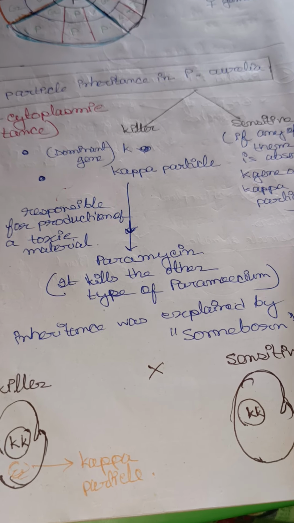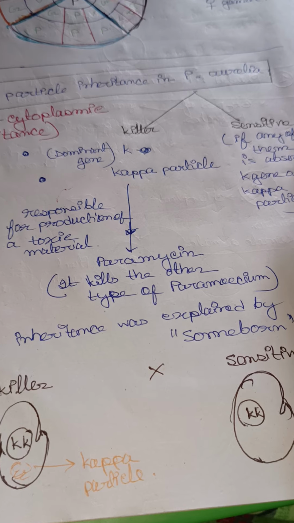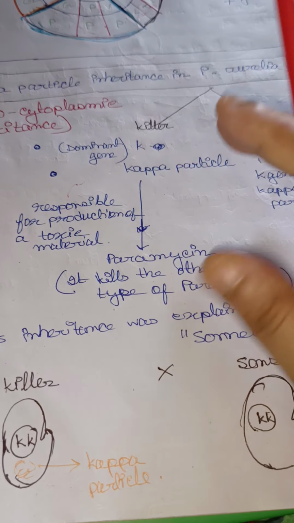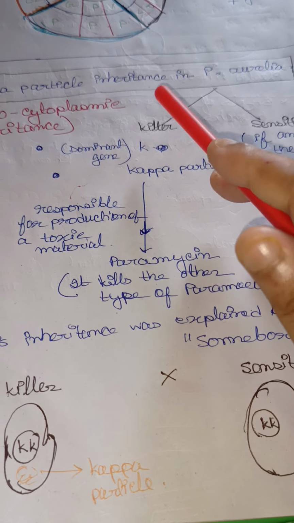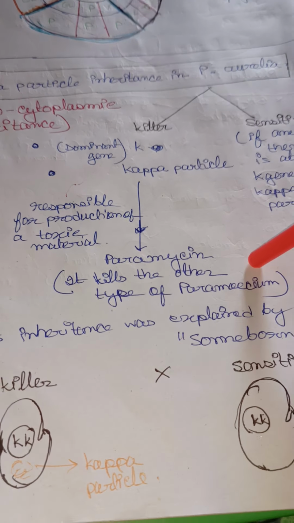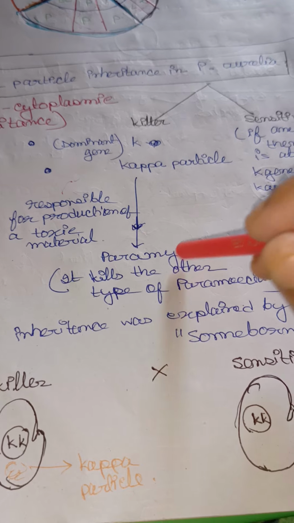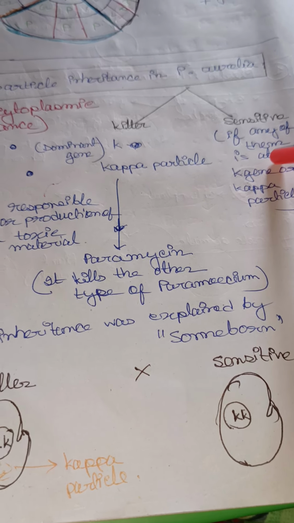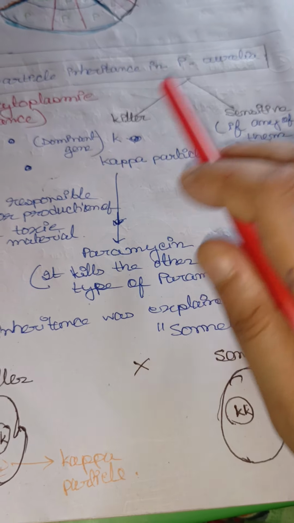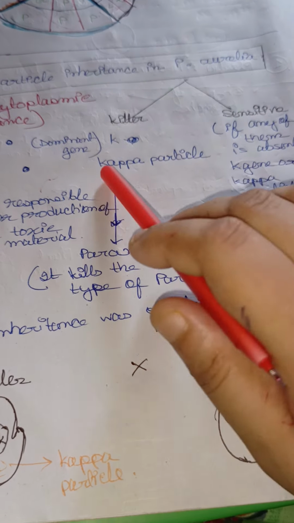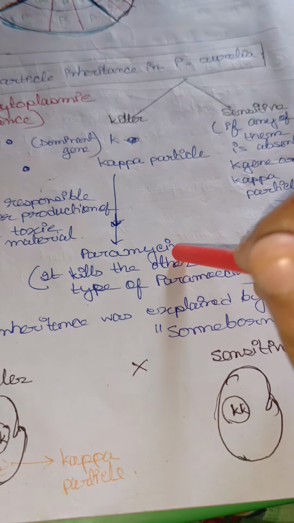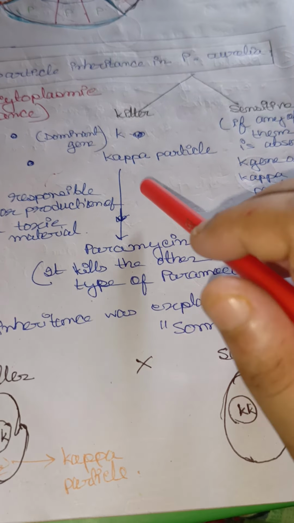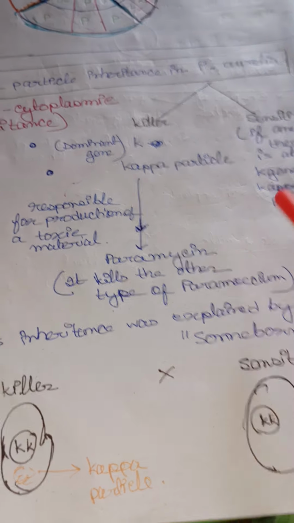But in the lab, when we culture, we give a material to the killer paramecium so that it will not produce paramycin. If paramycin is not produced, the sensitive paramecium will stay, because they will not be digested.